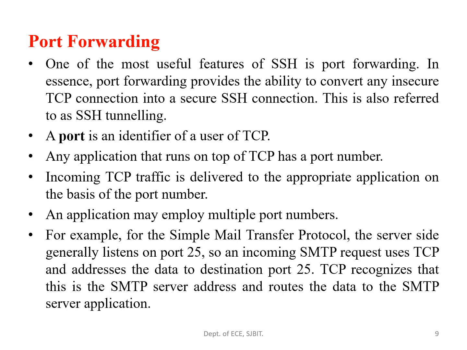So we are going to convert the insecure connection to a secure connection. This is also what we call SSH tunneling. Instead of transferring the information directly, we are going to do the tunneling.